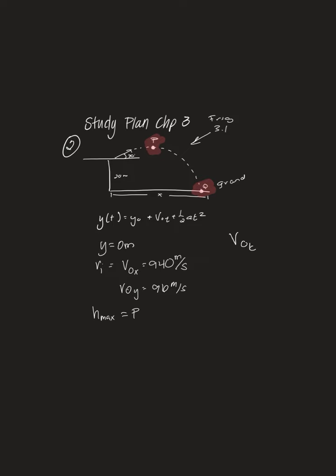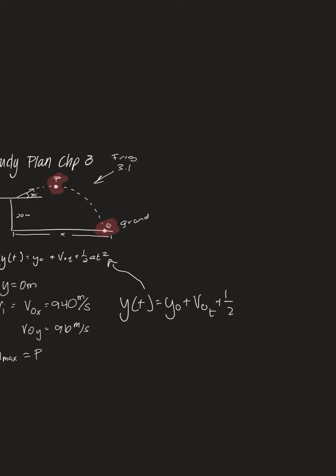So what I like to do is take this and do it again. Y equals Y0 plus V0t plus 1/2 times acceleration times time squared.